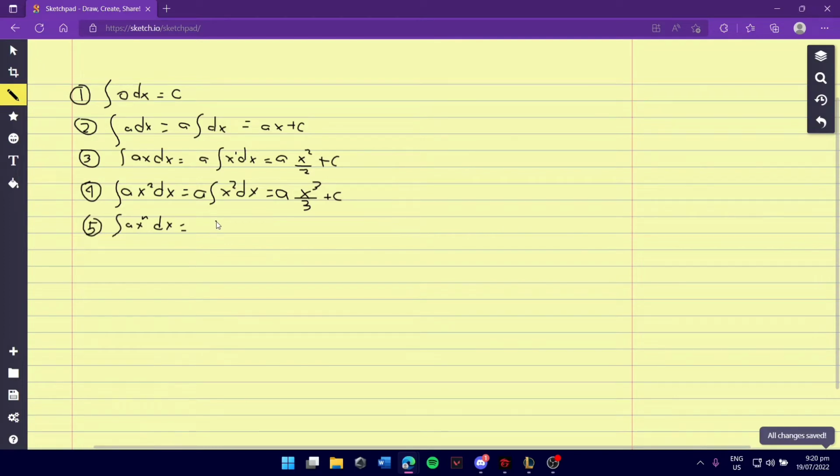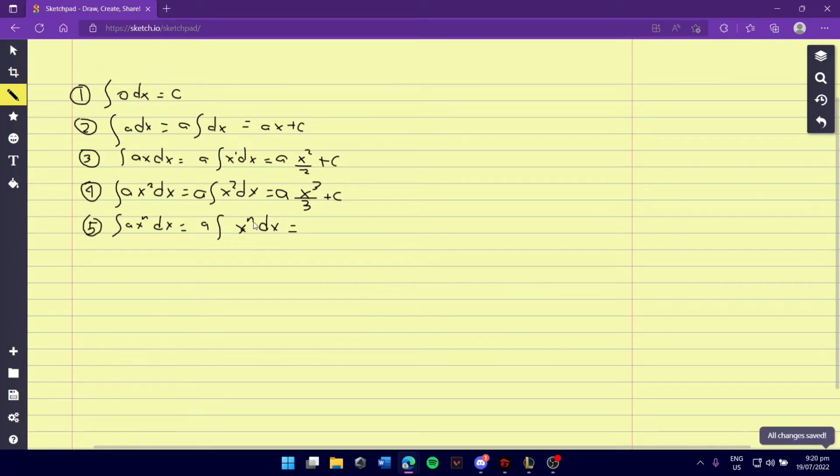Our first step is to factor out the constant. So we factor out a here first, and then put x raised to n times dx.